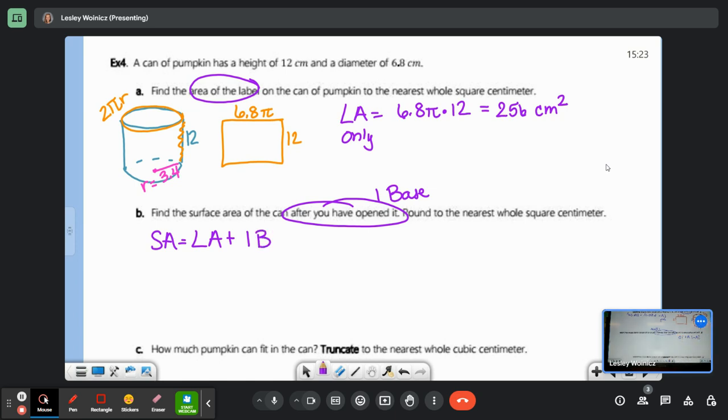Okay. Well, I already know what my lateral area is. It's this 6.8 pi times 12. So I'll just plug that in. 6.8 pi. Okay, that's my lateral area plus, what's my base? Pi, and my r is 3.4.